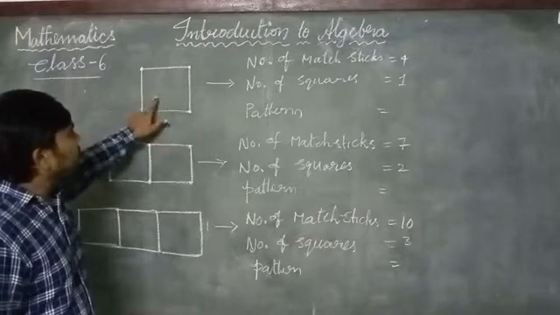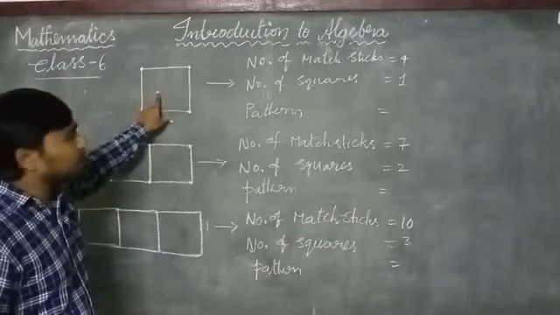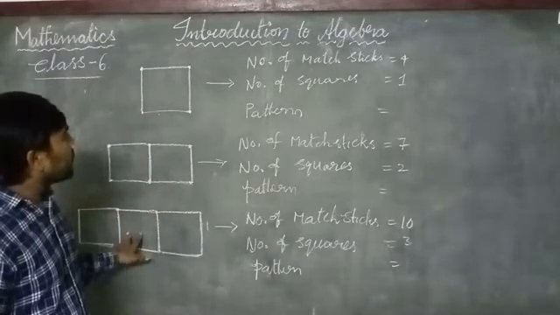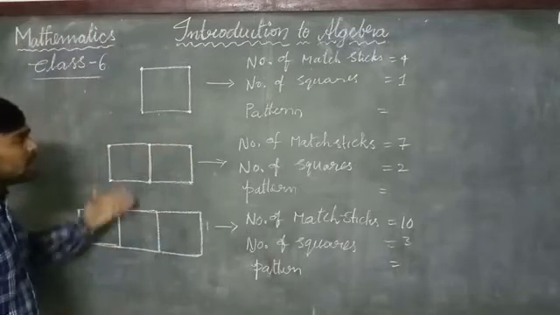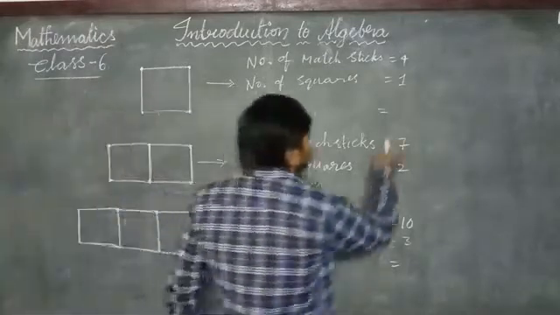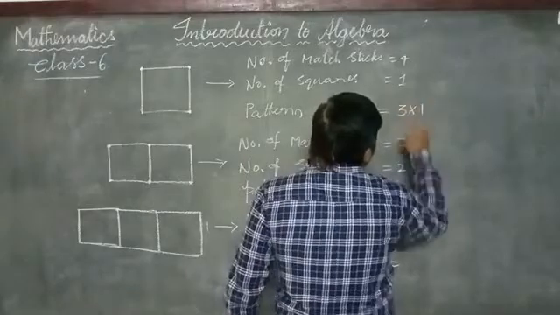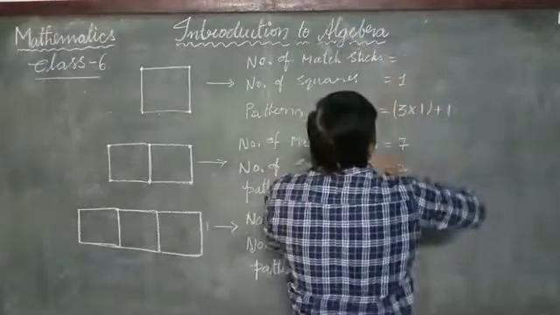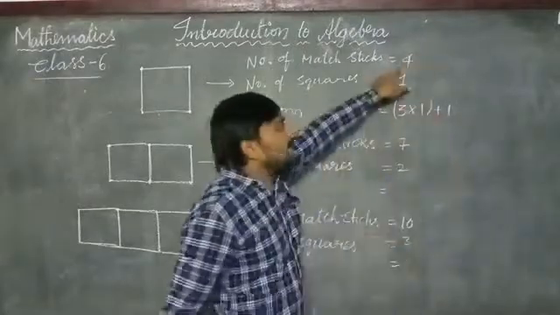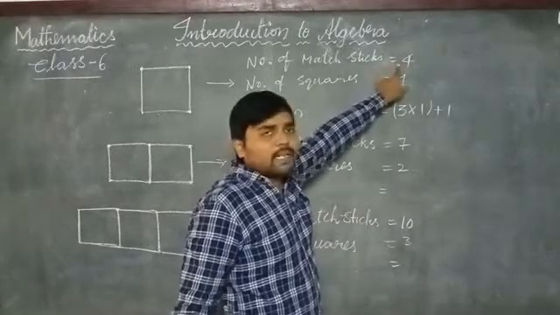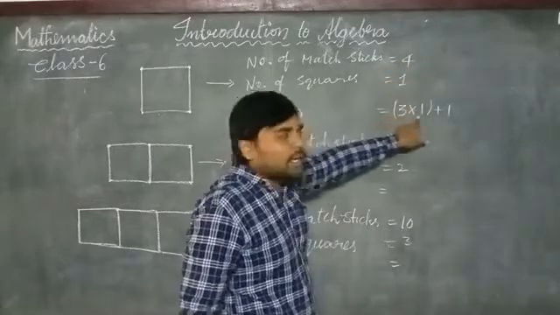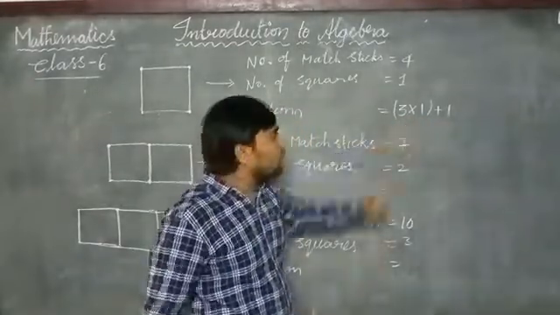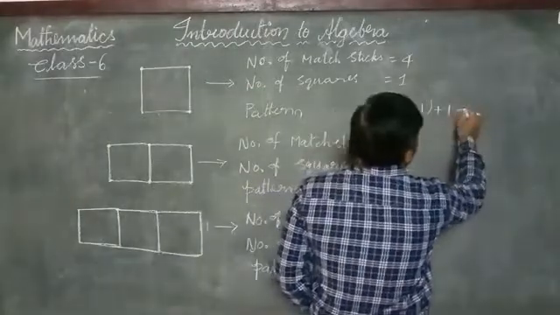Now after observing all these squares, we should write the pattern. Here the number of squares is 1, here 2, and here 3. By observing all these, we can write the pattern 3 into 1 plus 1. Here the number of matchsticks is 4: 3 into 1, 3, plus 1, 4.